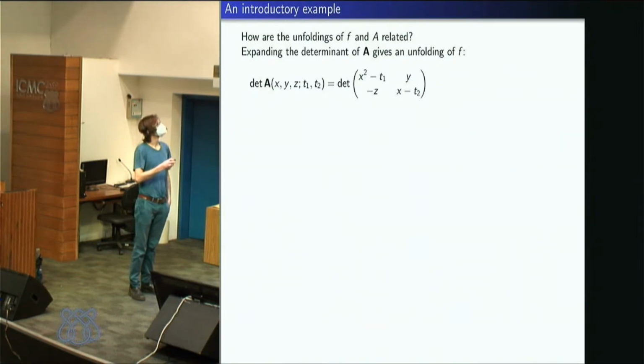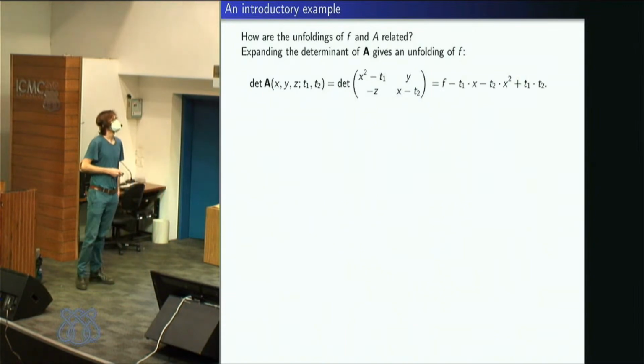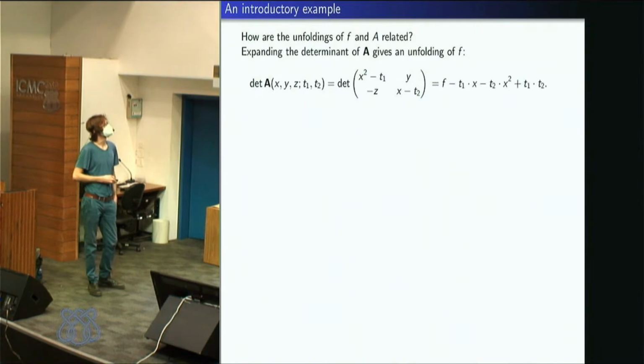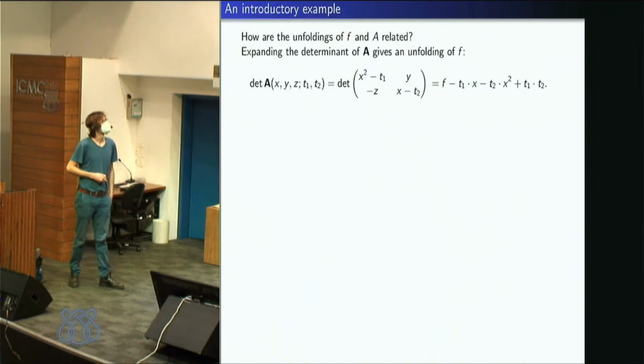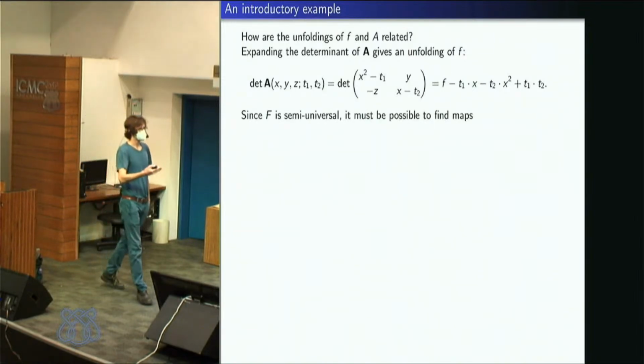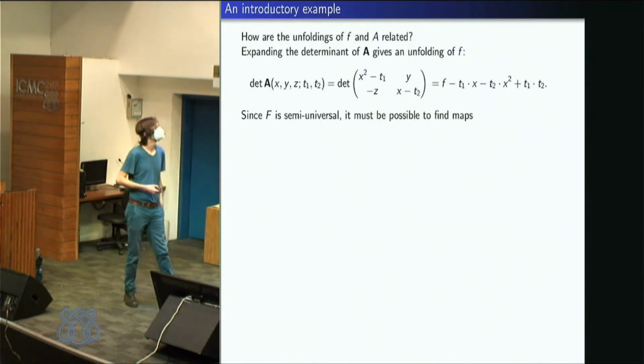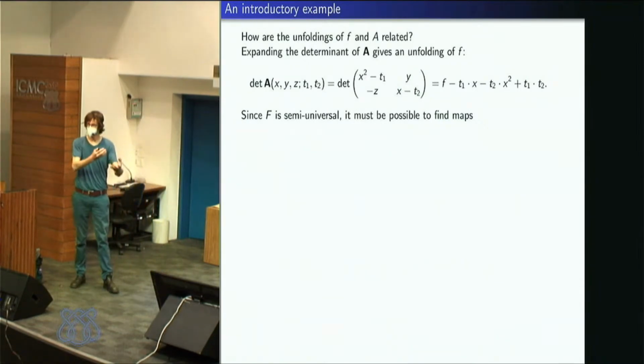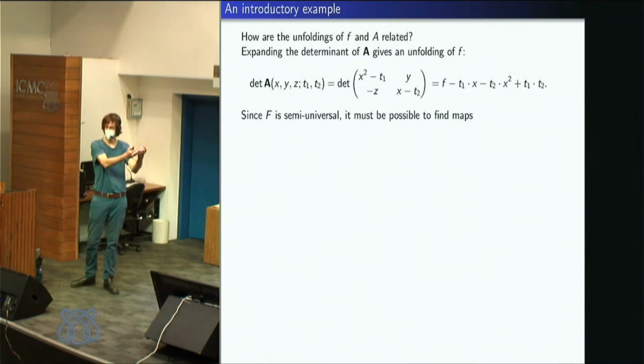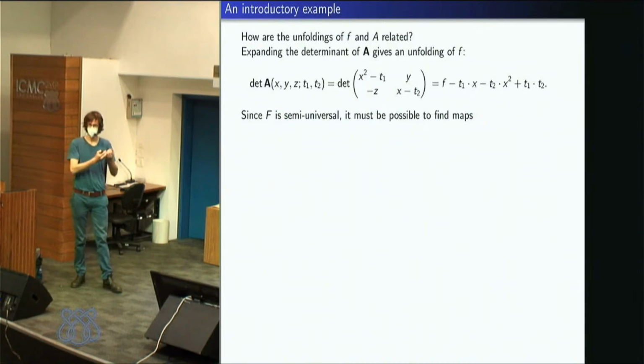We absorb the deformation parameters here, and we expand the determinant, so we eventually find F minus something involving the T coordinates. And then, since the unfolding capital F is semi-universal, we must find a way to pull the deformation back, right?